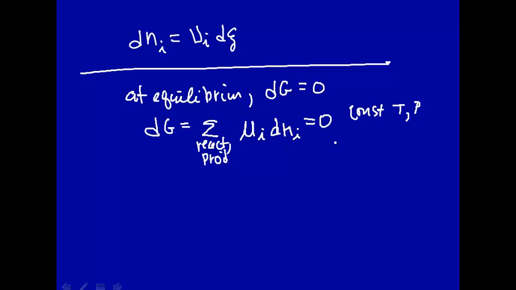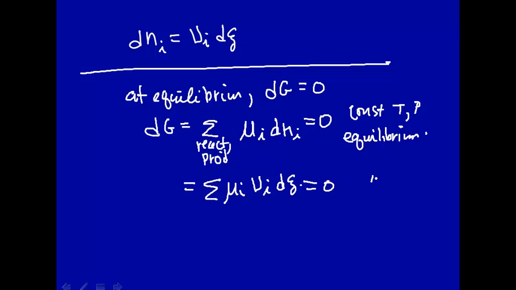That is equal to 0 at equilibrium. Let's make this handy substitution here. Now we can get rid of the dependence on this variable that's changing with just a single one, so we don't have to worry about n. So this is just equal to the sum of mu sub i, nu sub i, the signed coefficient, dξ, and that is equal to 0 at equilibrium.